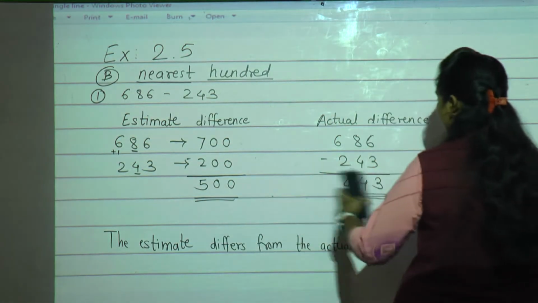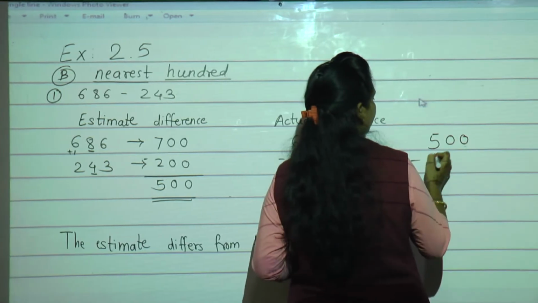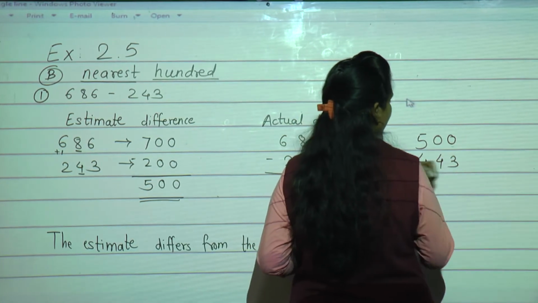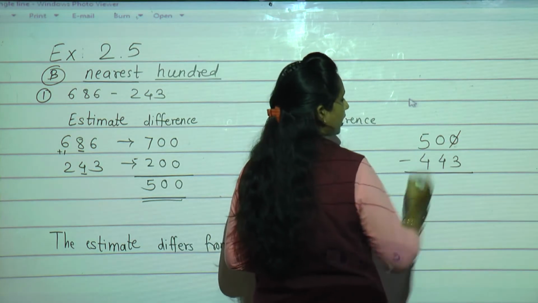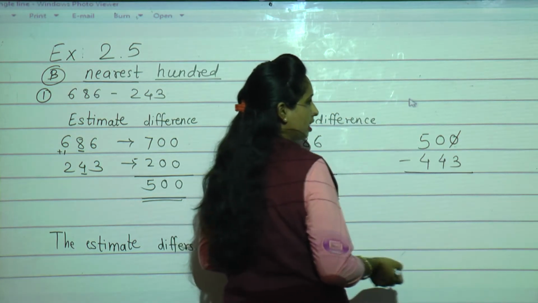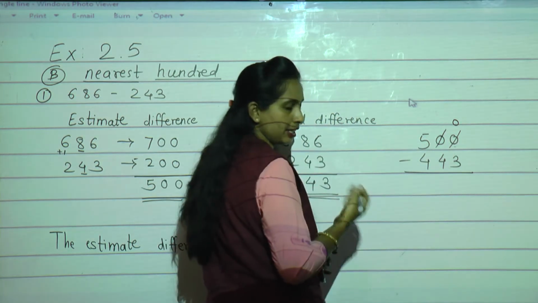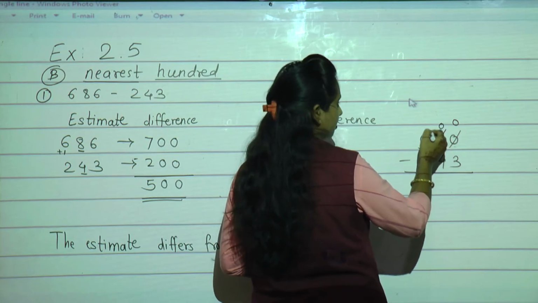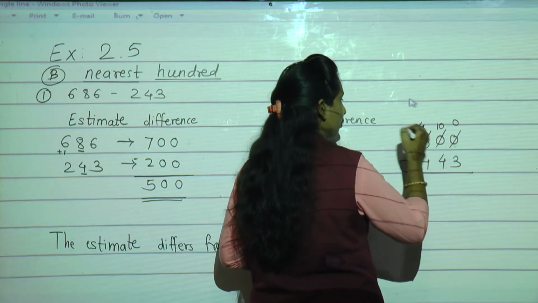Which is greater, 500 or 443? Of course 500. So we have to subtract 443 from 500. Now we will do the subtraction. We cannot subtract 0 minus 3. So cut the 0, write it as it is. Take a borrow from the neighbor, but the neighbor also doesn't have any, so go with the next neighbor. The 5 in the hundreds place will give 1, here 4 will remain.